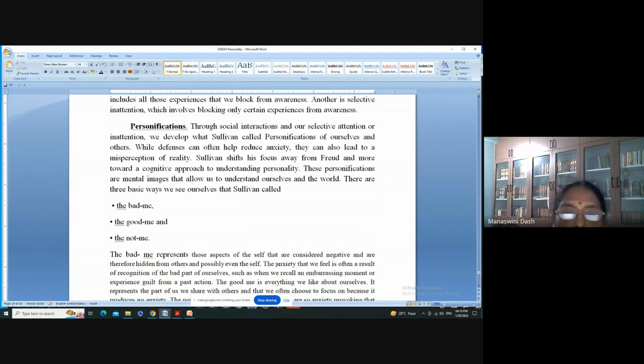Defenses we have discussed are, in Sullivan's system, called the self-system. Defenses can help reduce anxiety. In the process of reducing anxiety, they can also lead to a misperception of reality.